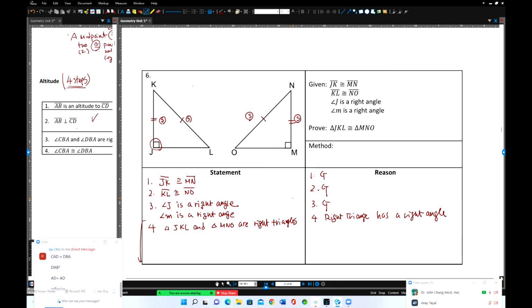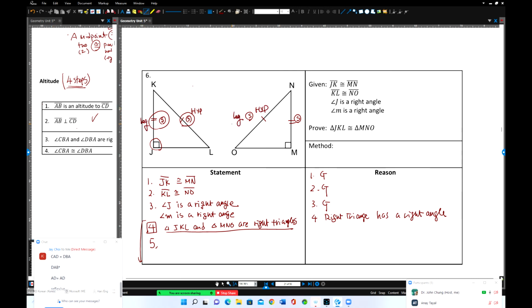In right triangles, instead of using side, side, side, because we said this is a right triangle, hypotenuse leg is working. So you can say now, because this is the right triangle, this side is the hypotenuse, and the other one is the leg.